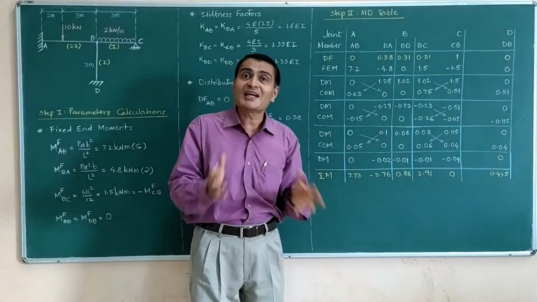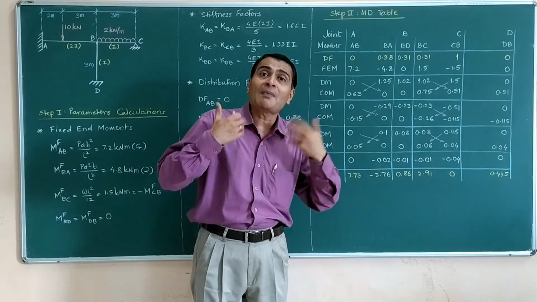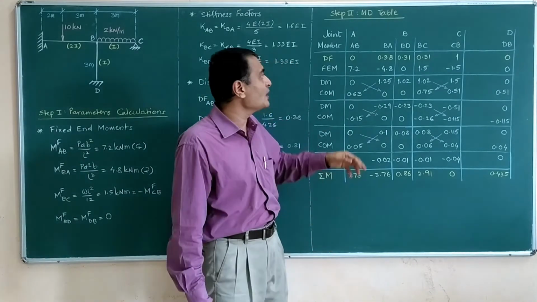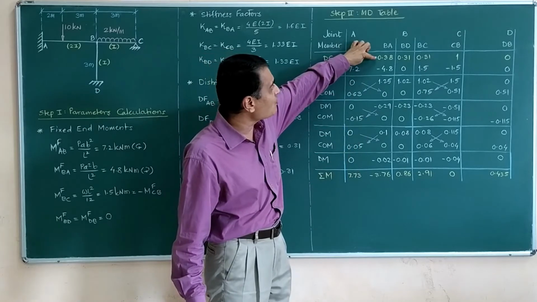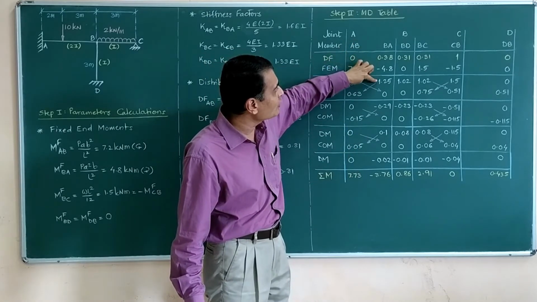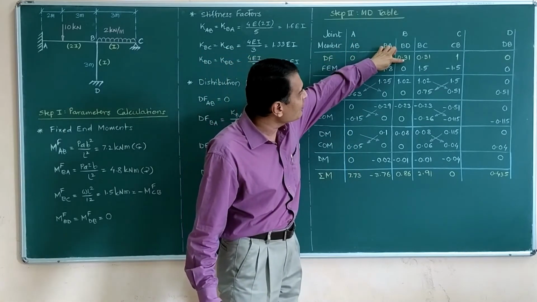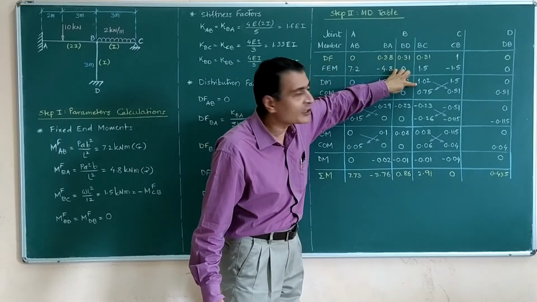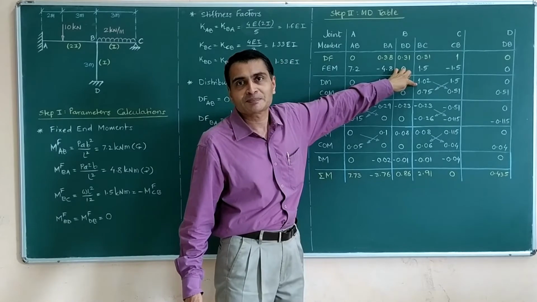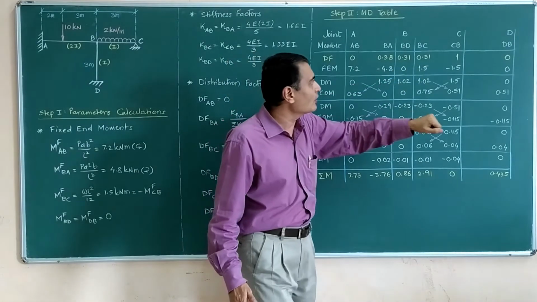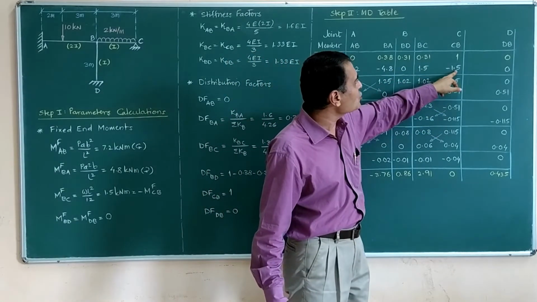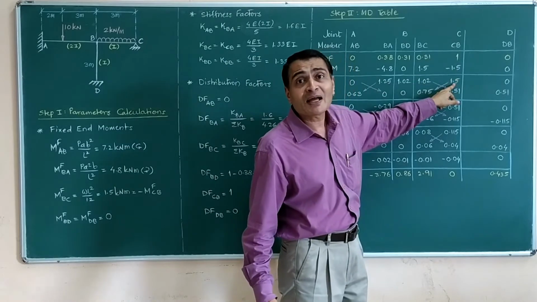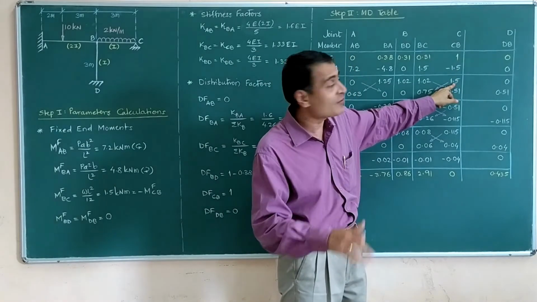So if it is negative 3.3, I apply positive 3.3, which gets distributed as 0.38 into 3.3, 0.31 into 3.3, 0.31 into 3.3. Check. Similarly, here we have minus 1.5. I apply for balance positive 1.5.